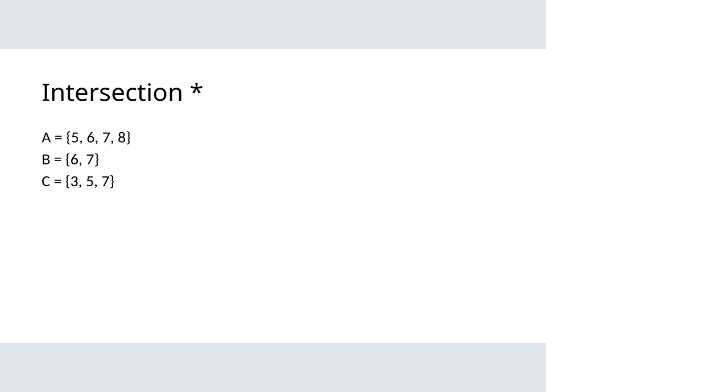All right. There are operations we're going to do with different sets. The first operation we're going to look at is called intersection. And just like if we had 2 roads that come together, they have an intersection. When those 2 roads come together, there is an intersection of those 2 roads.